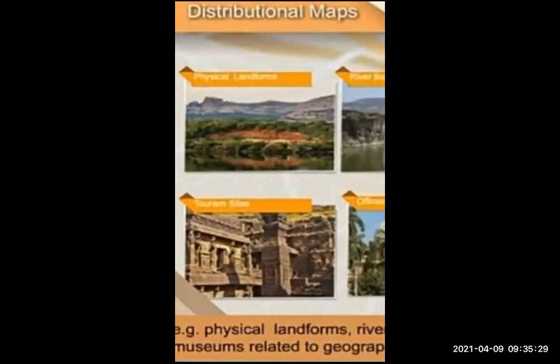Afterward, temples. Temples, like any historical places. If you take an example of old historical places, like forts and temples, which were constructed 4,000 years ago. Yes, Hampi. Yes, good example, Siddesh.